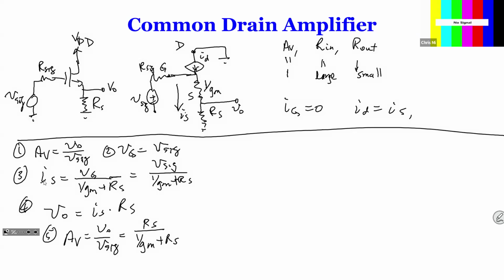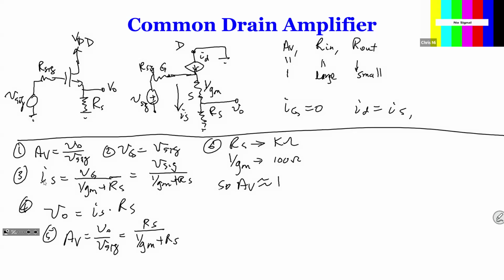So RS is in kilo ohms versus 1 over GM. I mean, it's not absolute 1, but it's approximately, as I said, 0.99 or 0.96.